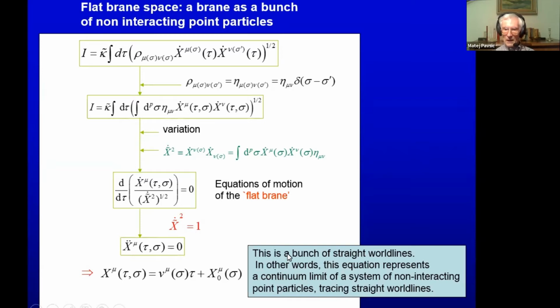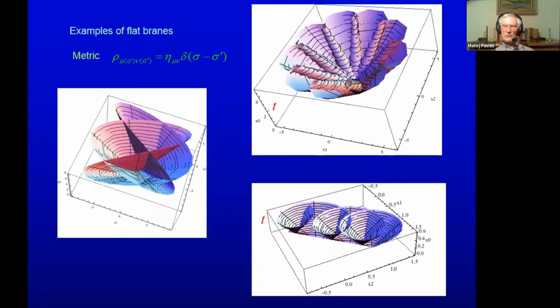So this is a bunch of straight lines. In other words, this equation represents a continuum limit of a system of non-interacting point particles tracing straight lines. Look, here are examples of such systems.